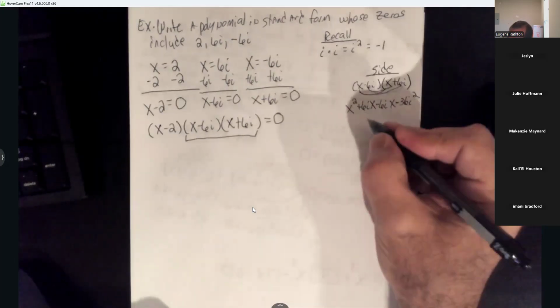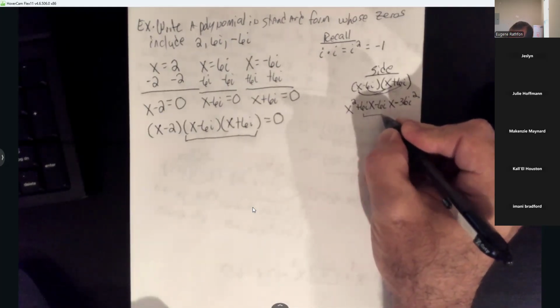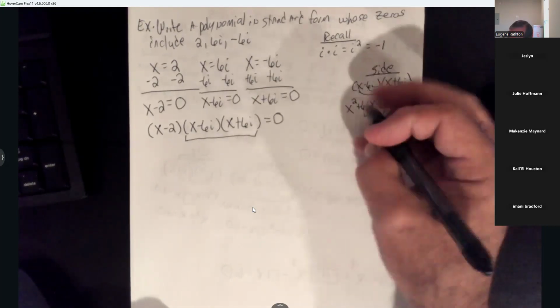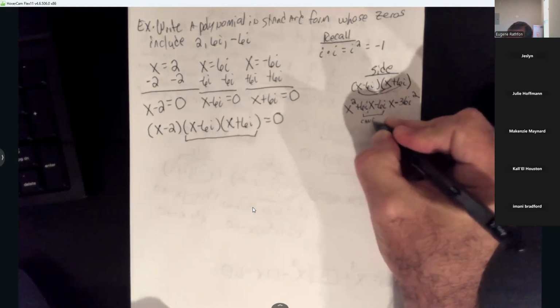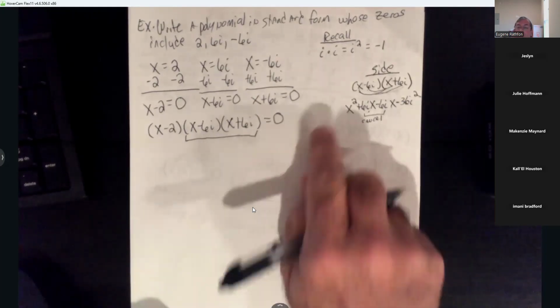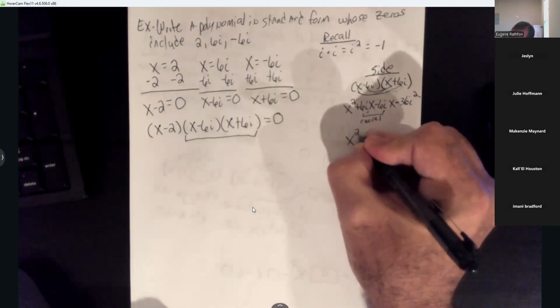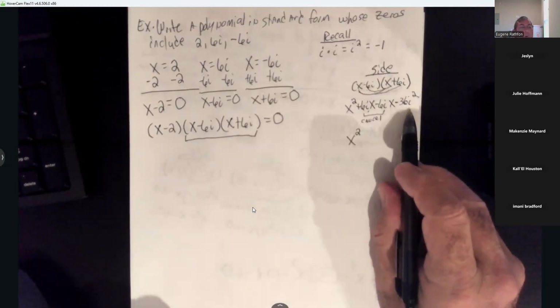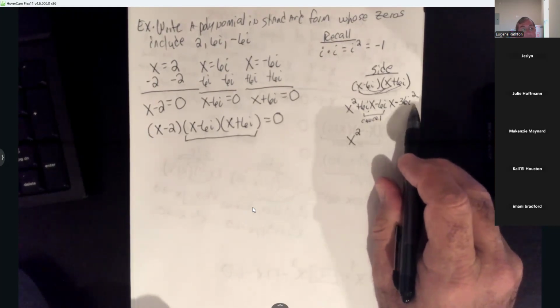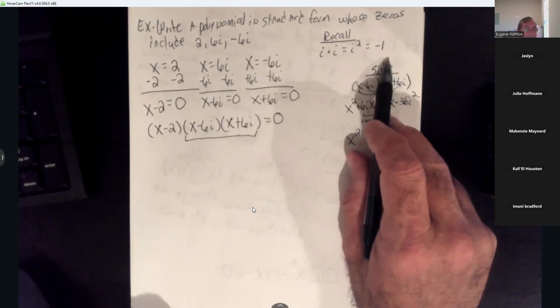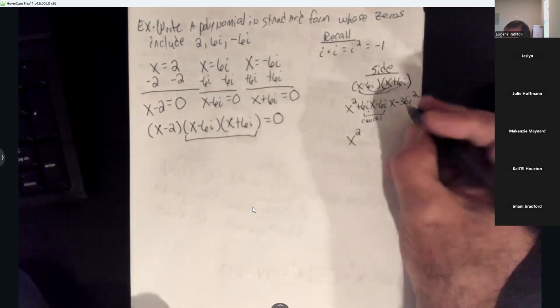So look here in the middle. 6ix, negative 6ix. Those cancel. So I got my x squared. And y'all, there's an i squared. What did we say i squared equaled? Well, look right there. Good job, Jason. We said it equaled -1.